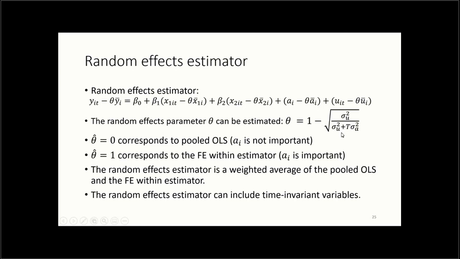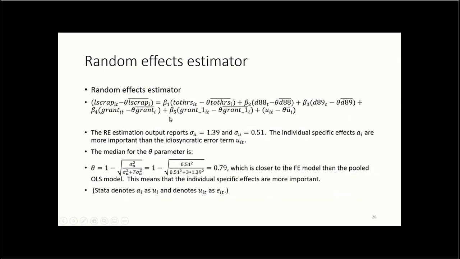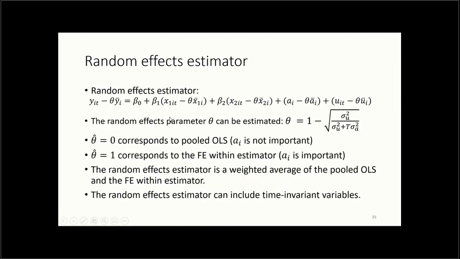So when the variance of the idiosyncratic error term is high, but the variance of the individual specific effect is low, we would say that a_i is not important. The individual specific effect would not be important. And if the individual specific effects are not important, this would correspond to the pooled OLS model.